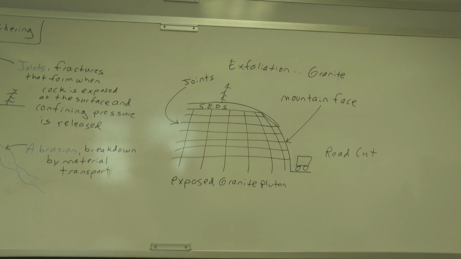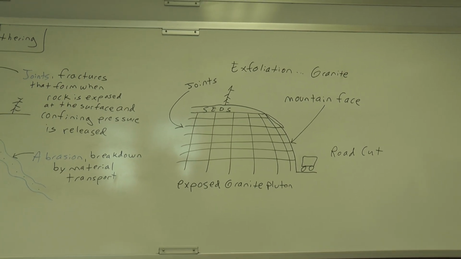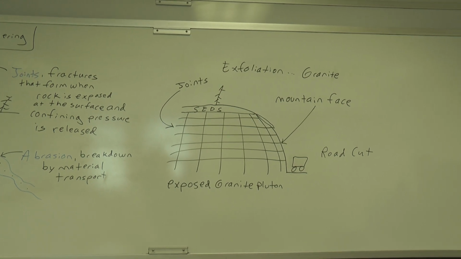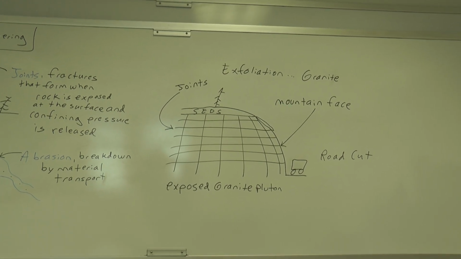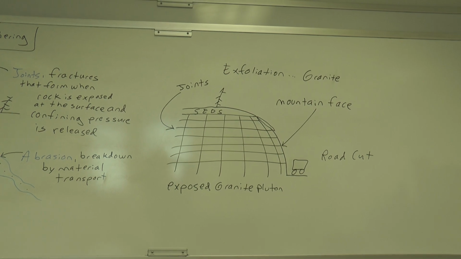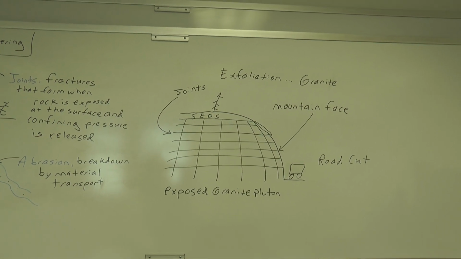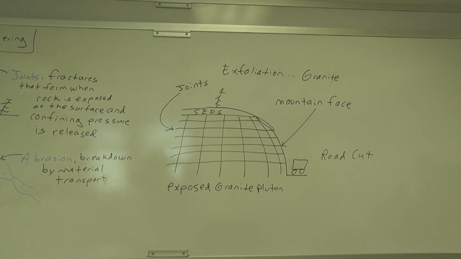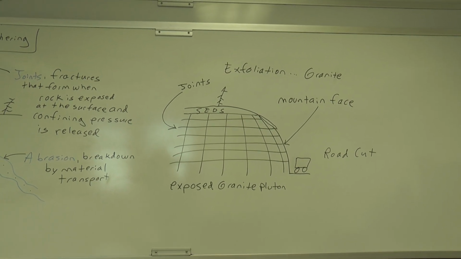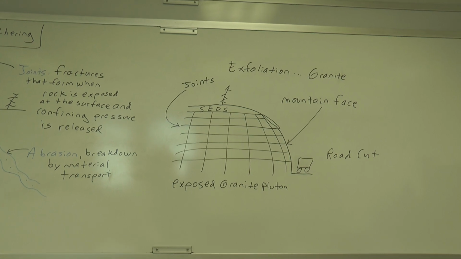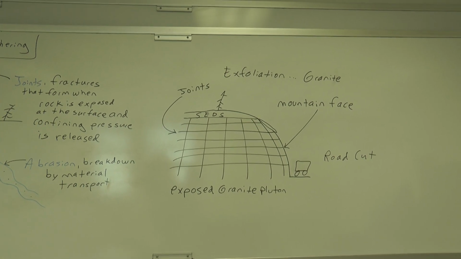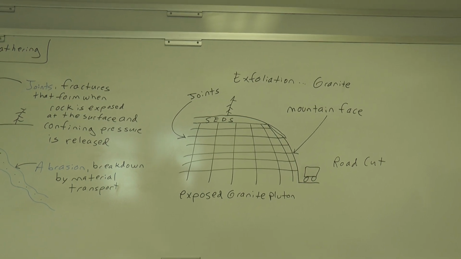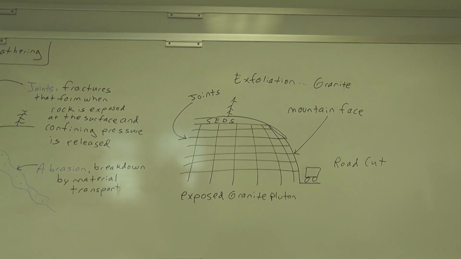Now, notice there to the right, I have an arrow pointing to the side of that pluton, and I've labeled it mountain face. Okay? The mountain face is the side of the mountain or rock that is facing you. So what happens here with exfoliation is that granite tends to split along joints that are parallel to the mountain face. So you see there that there's one nice joint or fracture that's close to the mountain face and it's parallel to the mountain face.